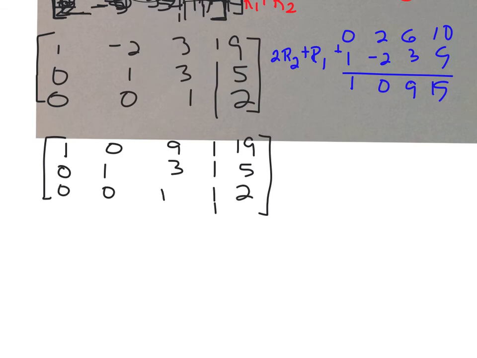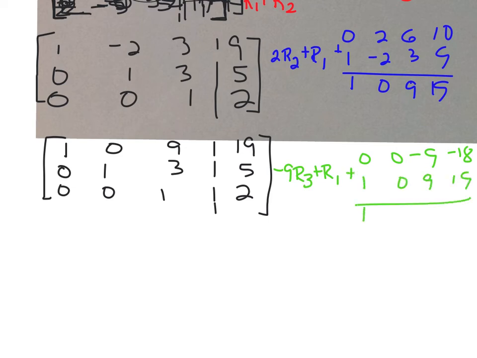Okay, so now I need to get this number here, the 9, to become a 0. So I'm going to multiply row 3 by -9. So we get a -9 here, and add it to row 1. So -9 row 3 is 0, 0, -9, -18, and add that to row 1, which is 1, 0, 9, 19.